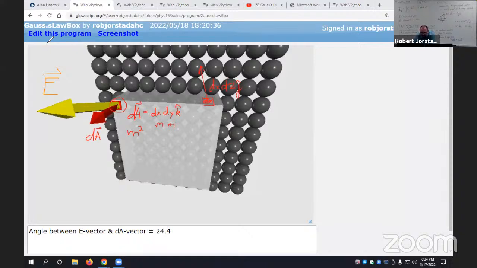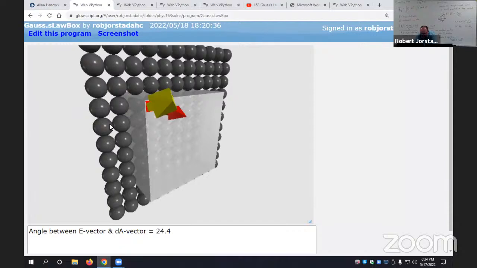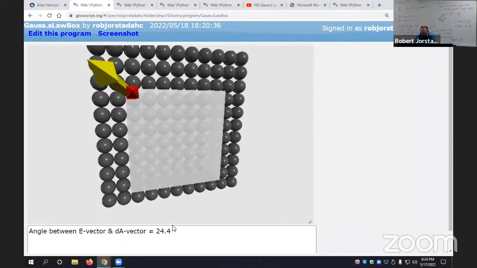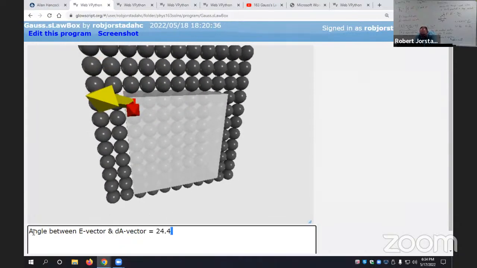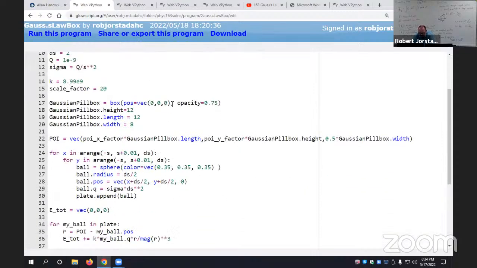All right. Now, in this particular problem, let me clear out these annotations here. I just want to point out, notice there's an angle between them here. If you look down here at the bottom of the screen, the angle between these happens to be 24.4 degrees.